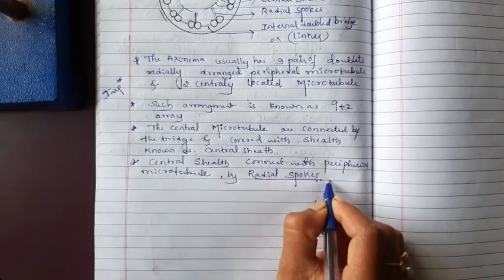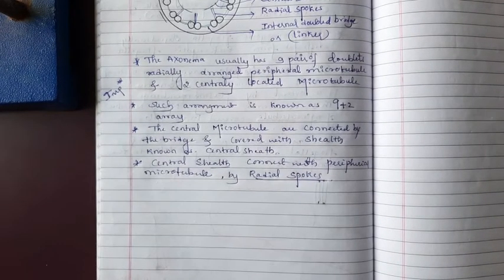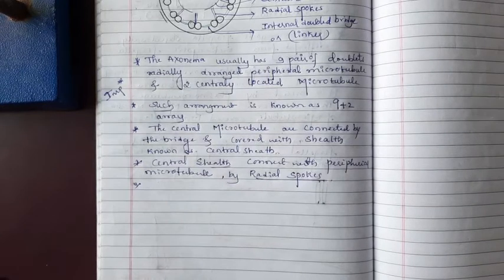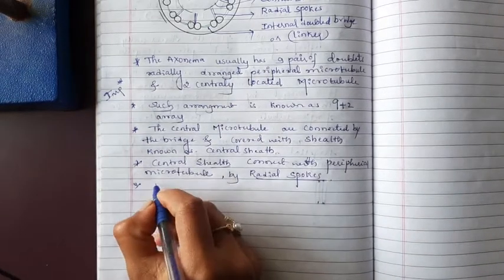Radial spokes, remember this one. Next, the peripheral doublets are also interconnected by the linker.